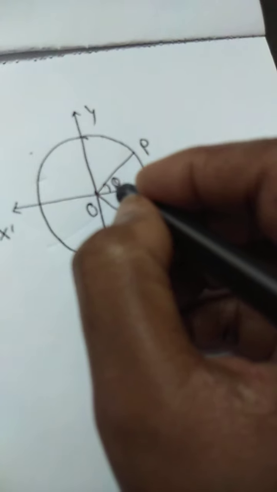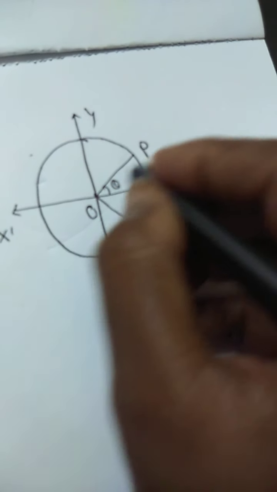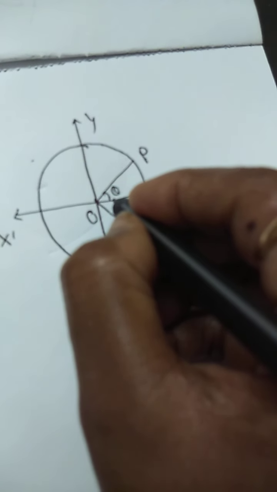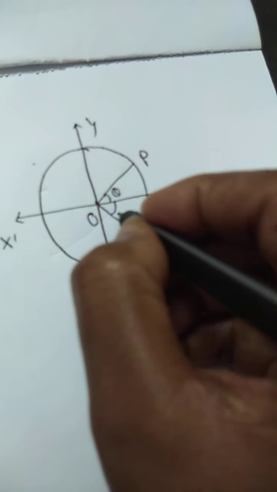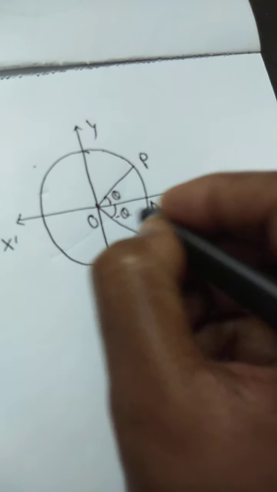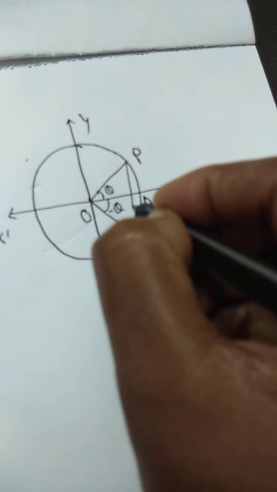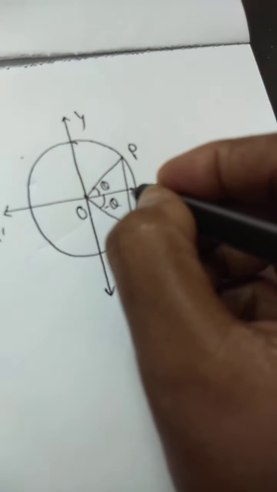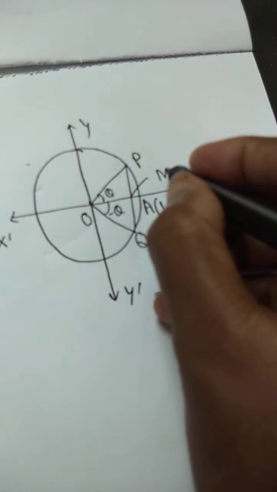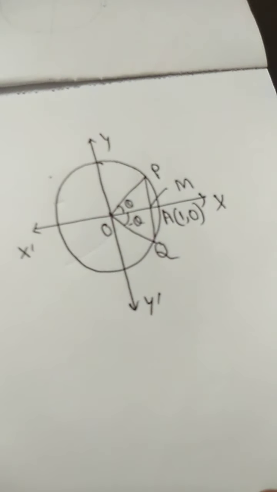So angle AOP is theta, and angle AOQ is minus theta. Let us join PQ, which cuts the x-axis at the point M, right?